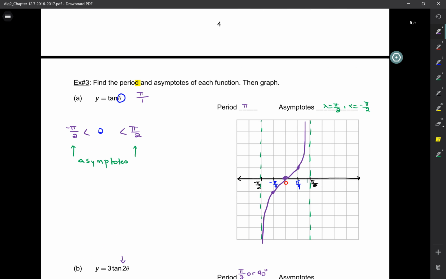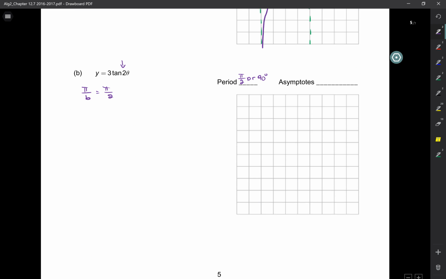Now we're going to use that same inequality, negative pi over 2 and pi over 2. What number do we put in there? No, 2 theta. It's all about the 2 theta. The 3 isn't going to do much in this case. So it's the 2 theta.